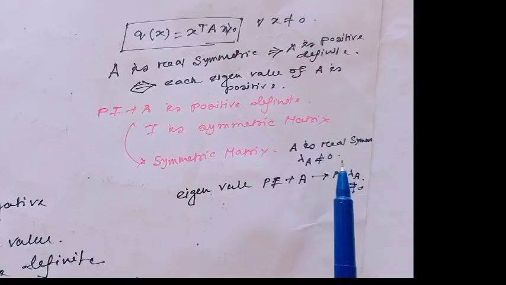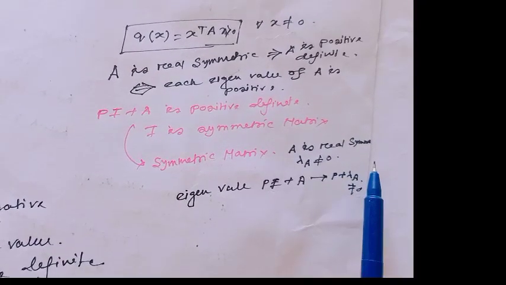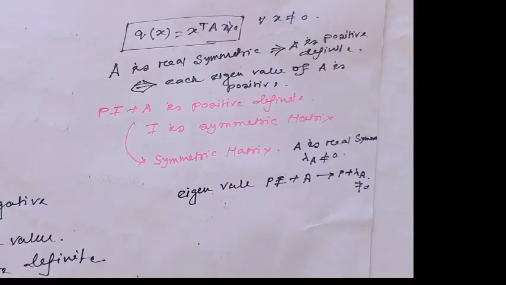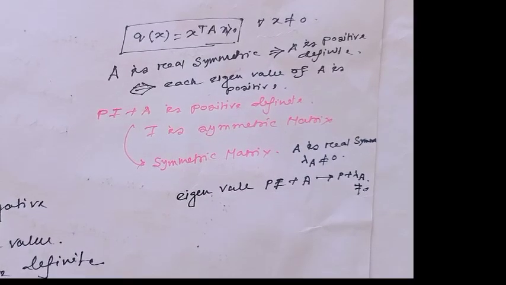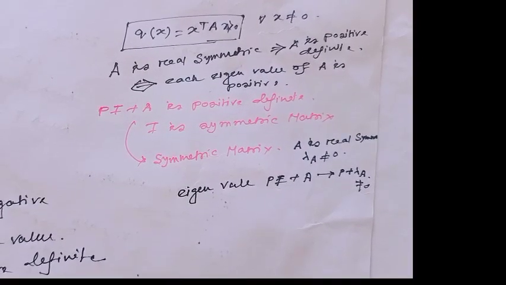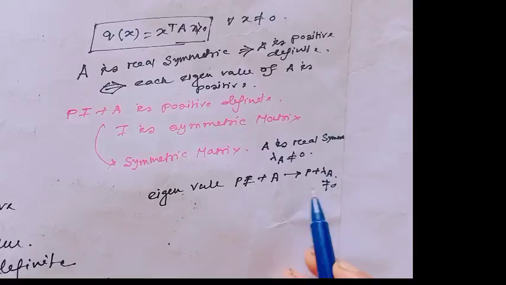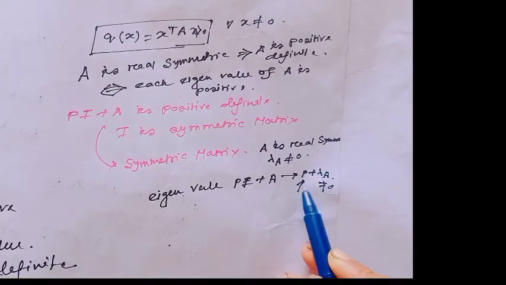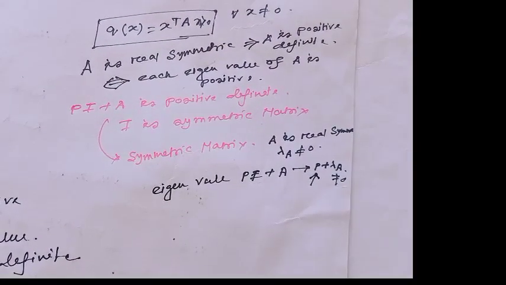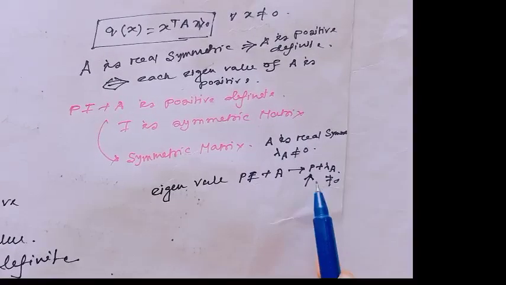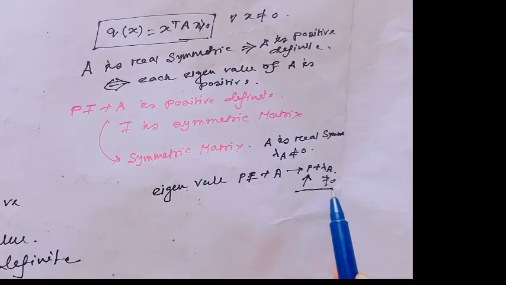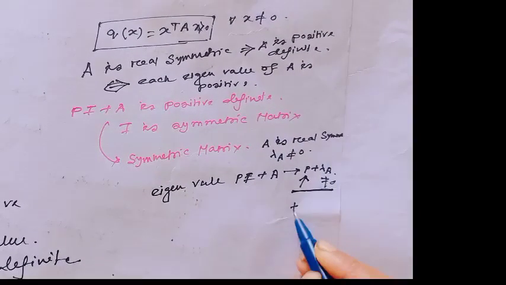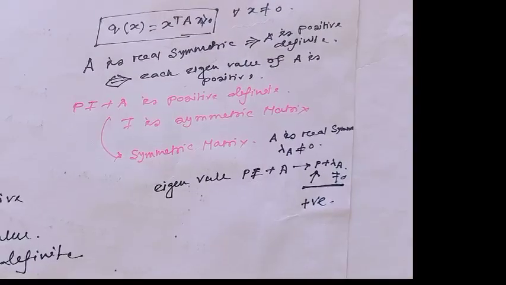If the eigenvalue of A is a negative number, then by the Archimedean property we can say there exists a positive number P, at least one positive number P, for which P plus lambda would be a positive number.